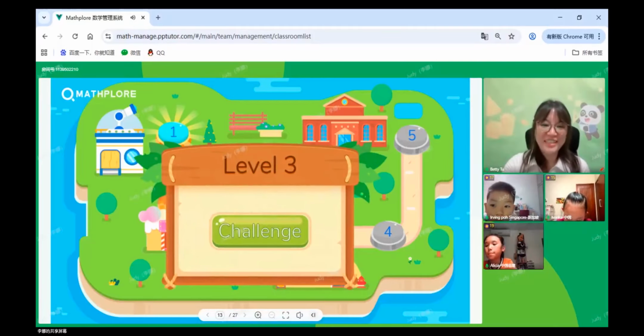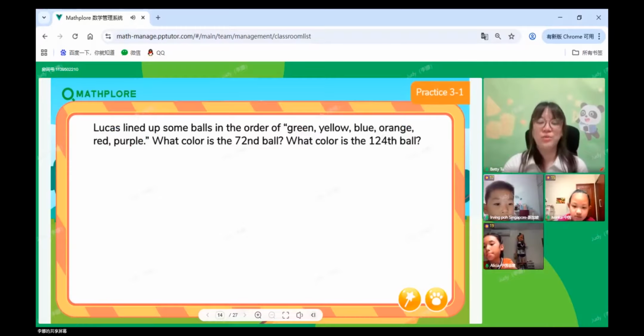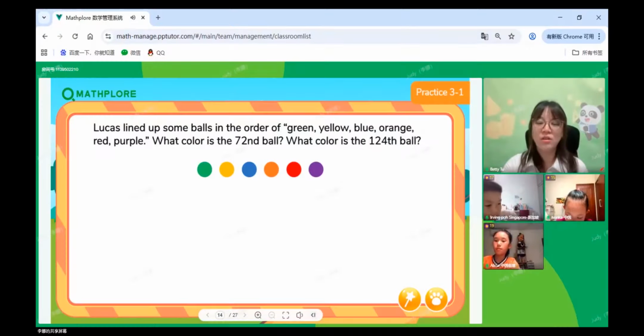All right. So this time, take a look. Oh, this is the periodic pattern. Let me read the question. Lucas lined up some boards in the order of green, yellow, blue, orange, red, and purple. What is the color of the 70th board, and what color is the 124th board?